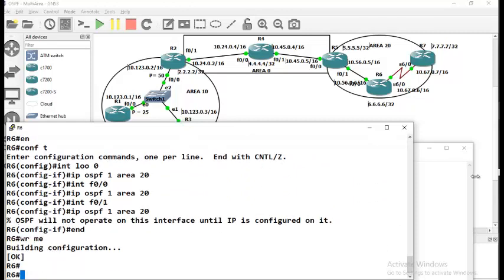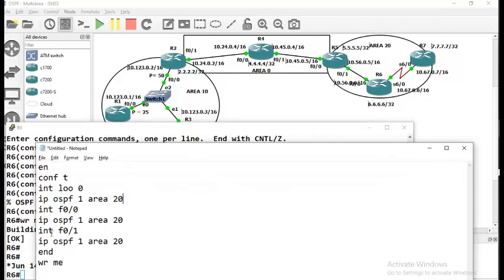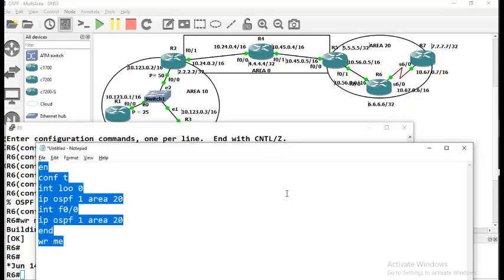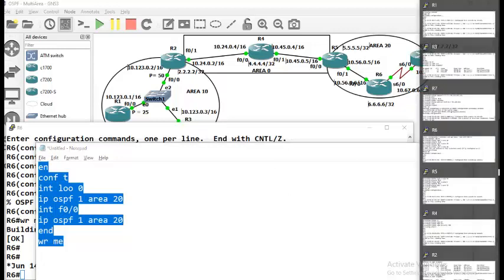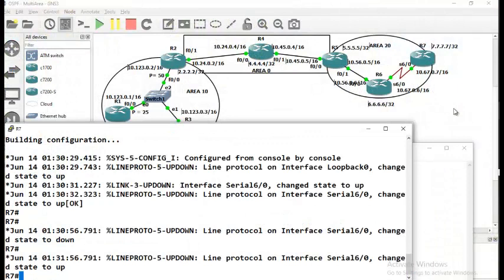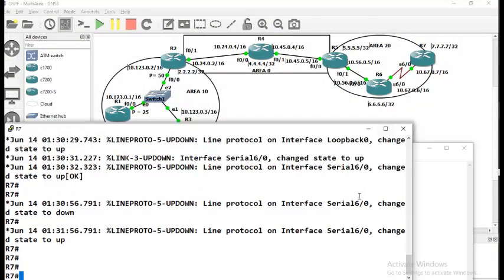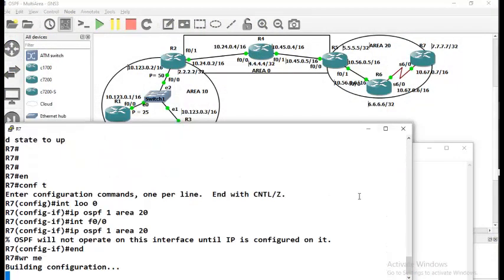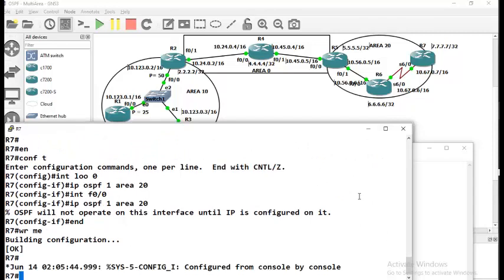And now the last router. All right, so now I'm expecting a ping from R7 to anywhere once the neighbor comes up.